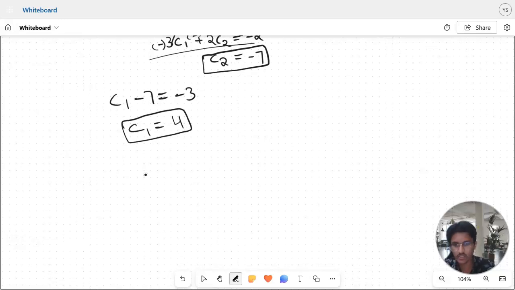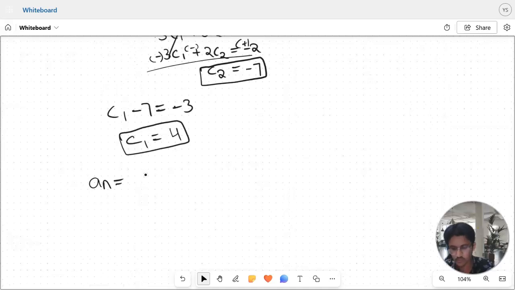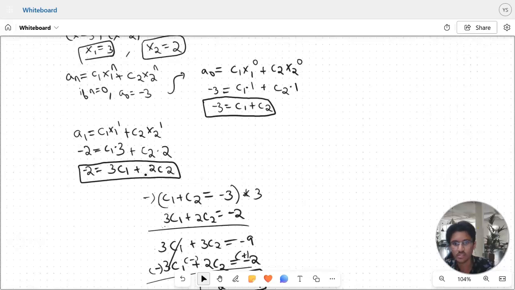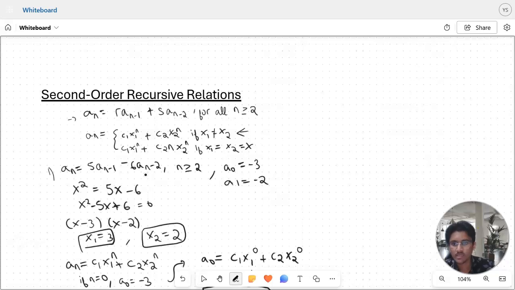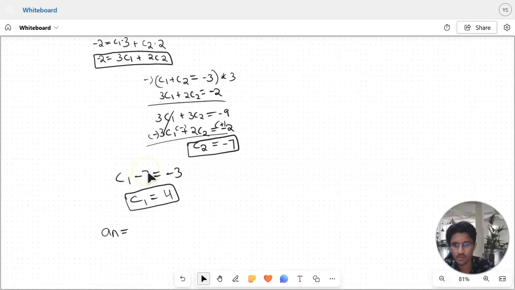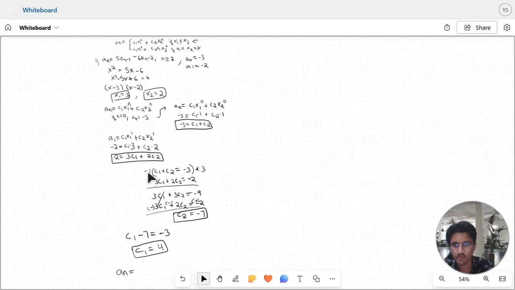Now it's time to write down our final solution. It's recursive, by the way. It is a recursive solution. It's going to resemble this first equation over here. I'm going to zoom out so that you can have a look at it.